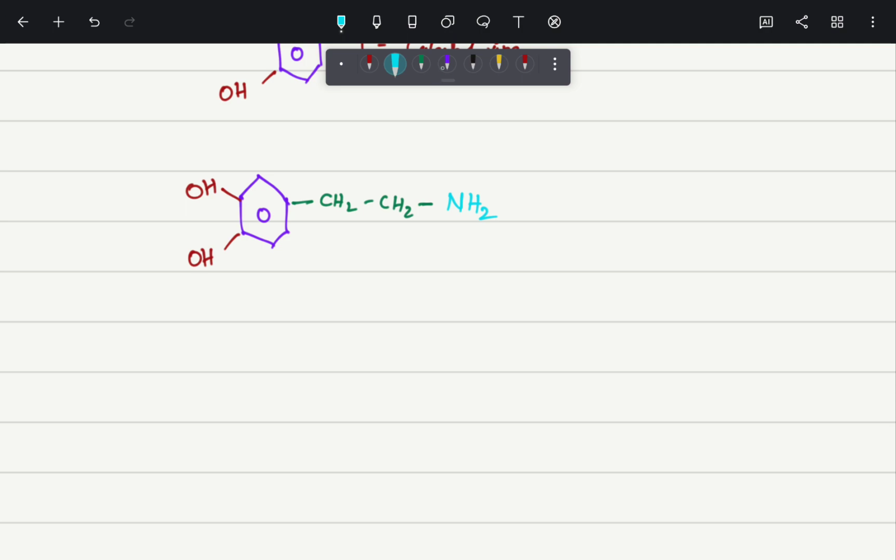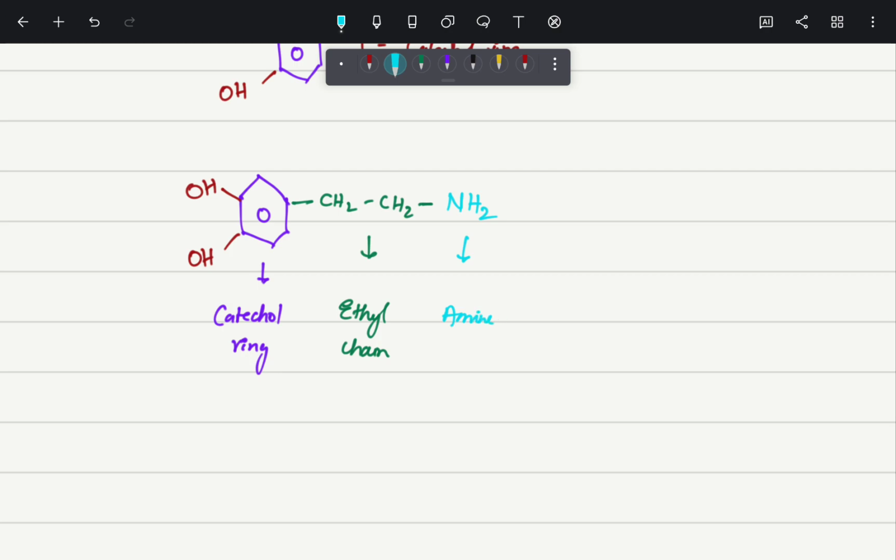So this entire structure, as you can see here, this is a catechol ring, and this one is your ethyl chain, and finally we have the amine.